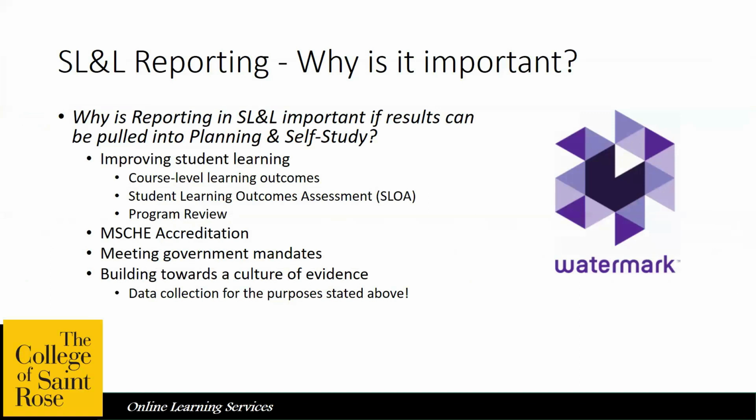But the reporting features in student learning and licensure are very helpful for evidence building, for program or professional accreditations at varying points during the year that don't necessarily align with the annual SLOA timeframe. It's also an additional resource for evidence building for SLOAs anytime during the year to see if SLOs are being met or how to refine teaching in response to unmet objectives for current or next assessment cycles.